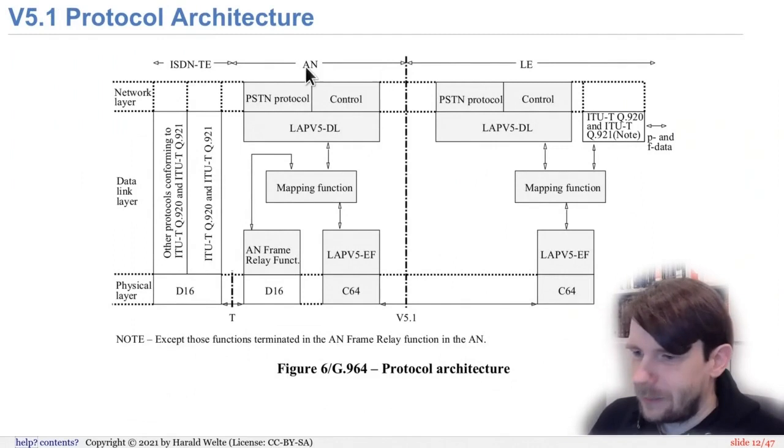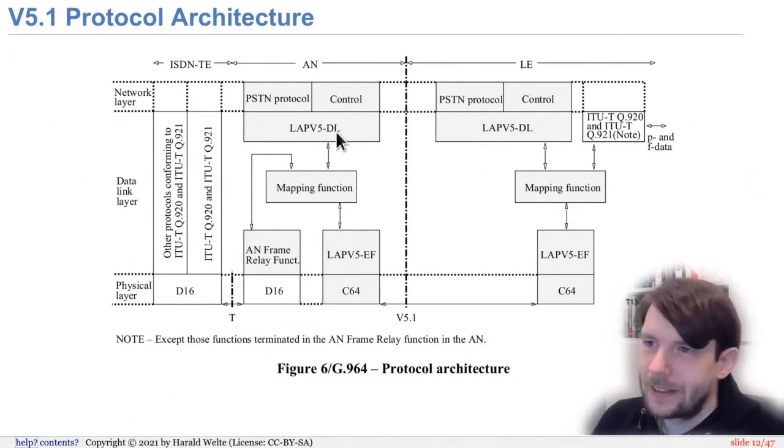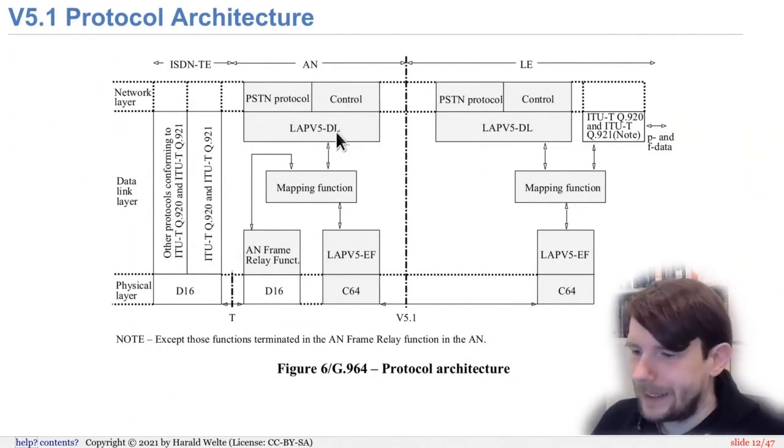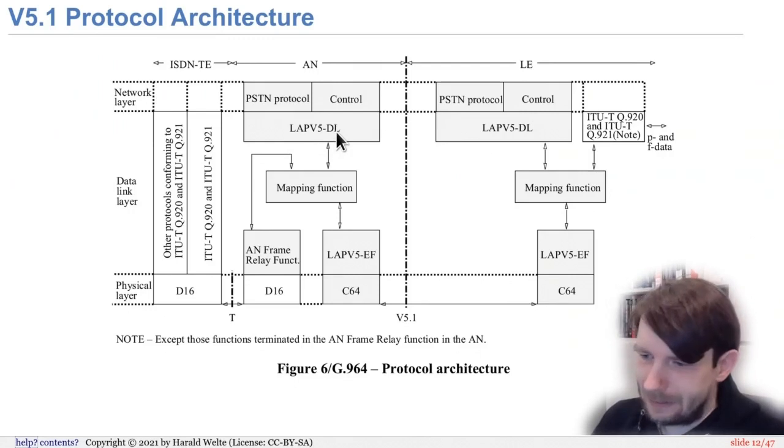So we have the LAPV5-DL, that's the data link layer. And the data link layer then goes through a mapping function to an enveloping function, the EF, which then finally goes to a physical layer on a 64 kilobit time slot. So we have an E1 line with different time slots, but at least one of those time slots, the 64 kilobit time slot, is used for signaling.